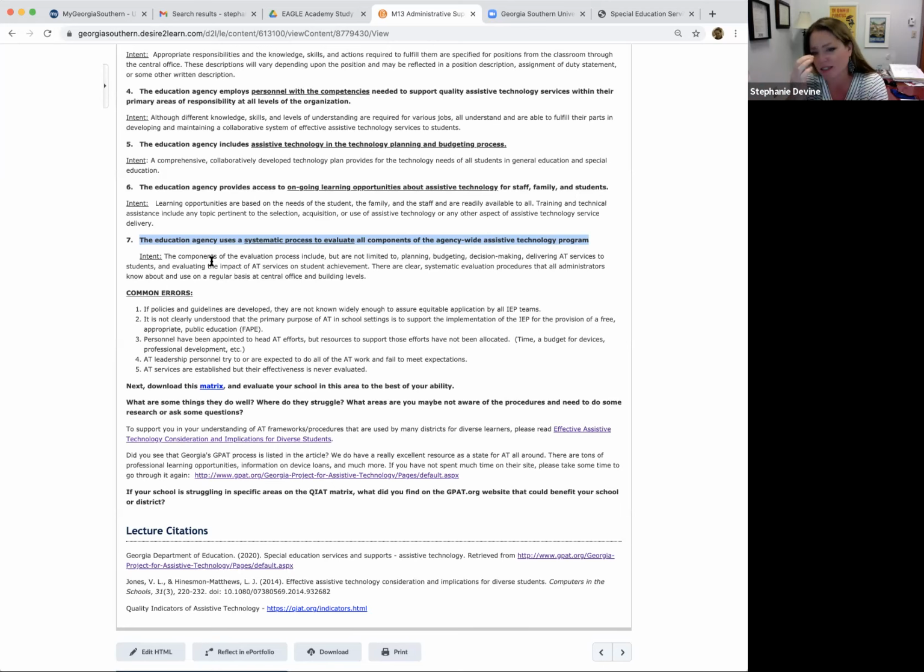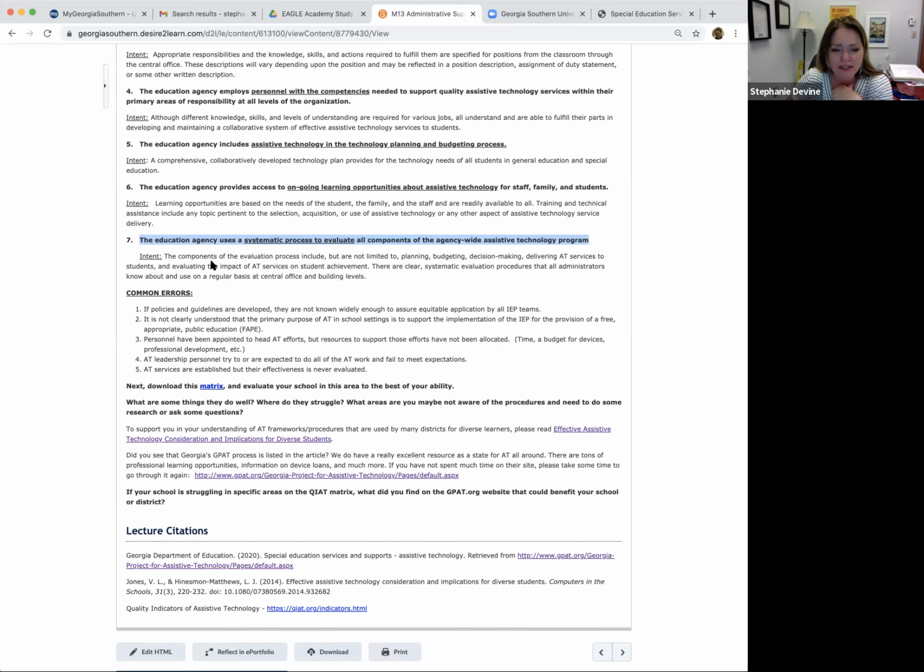Are you collecting data on all of those things? Are there procedures that all administrators know about and use on a regular basis at the central office and building levels? Some of these things you might have to ask questions about, because I'm not assuming that you know this information. You might need to talk with some of your admin about whether they do these things or not.